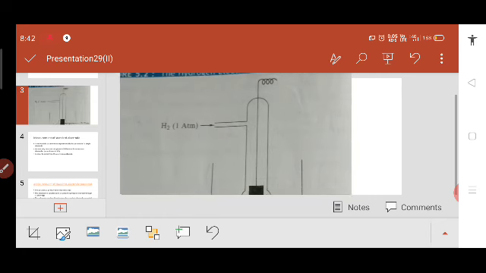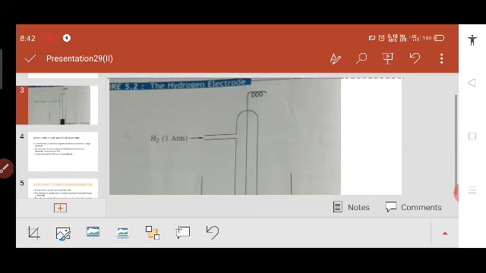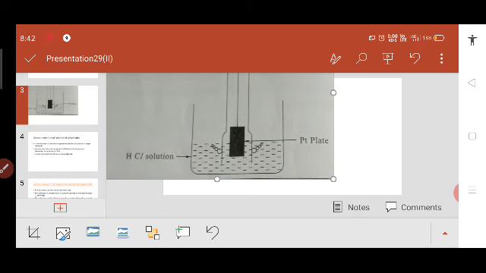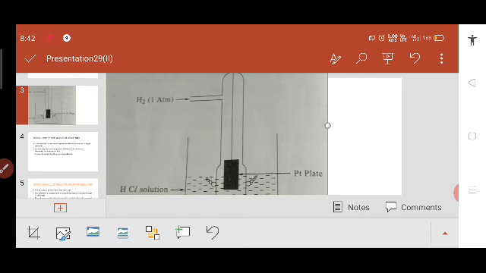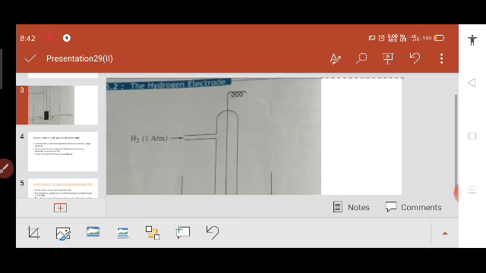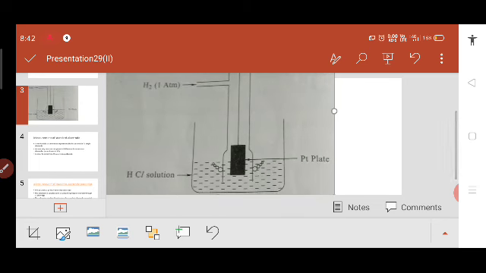Look here at the diagram. You take a container, and in that container you take the HCl solution, and this is the platinum plate, and we take an inverted tube to bubble the hydrogen gas into the solution, and we take a wire.